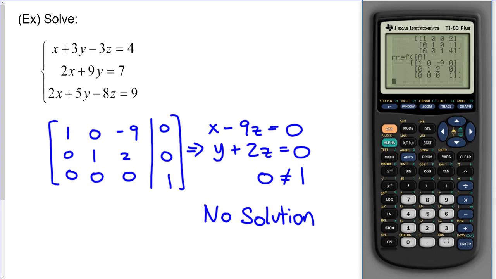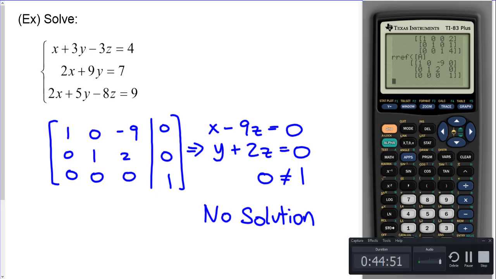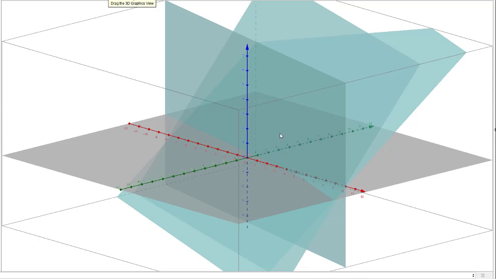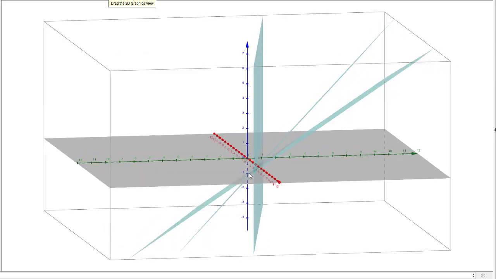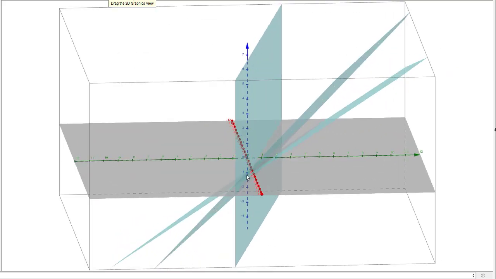And again, I'd like to help you visualize why there is no solution. So let me graph these in 3D and bring that up for you. Okay. It's a little bit harder to see that there is no solution, but if you look at it from different angles, it in fact turns out that there is no solution.